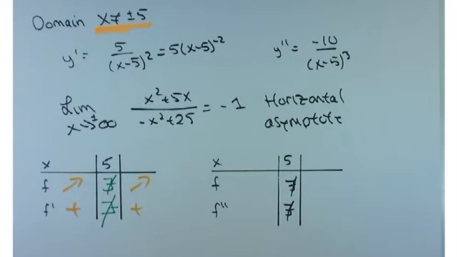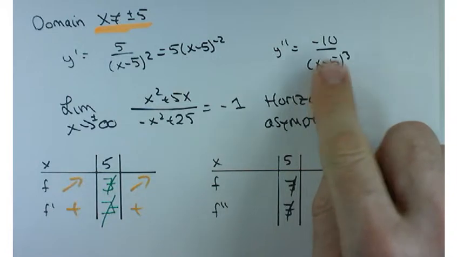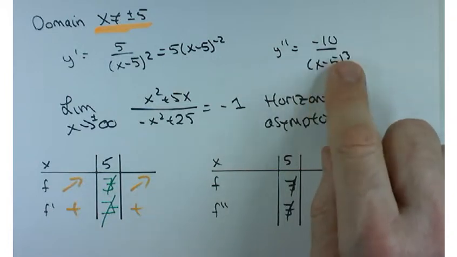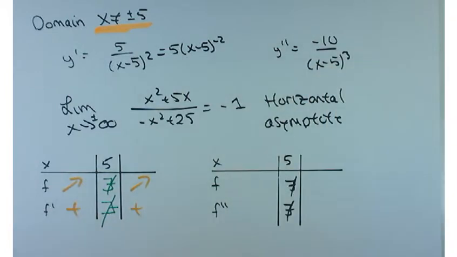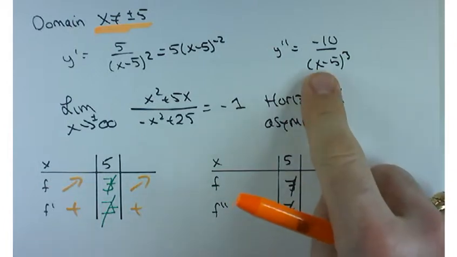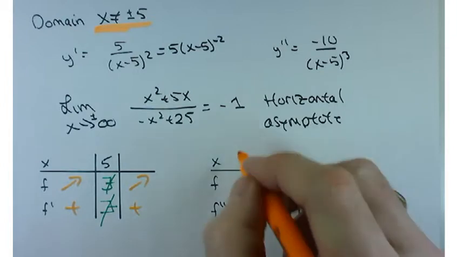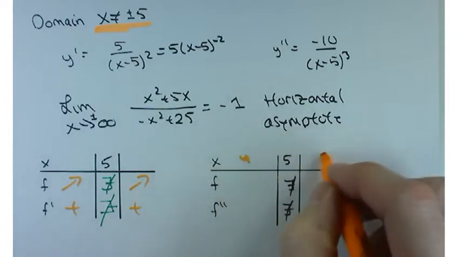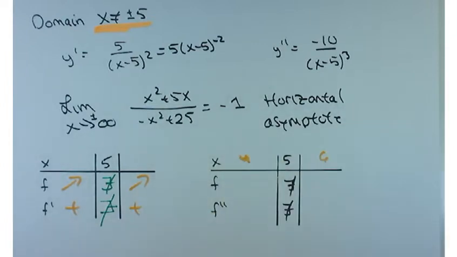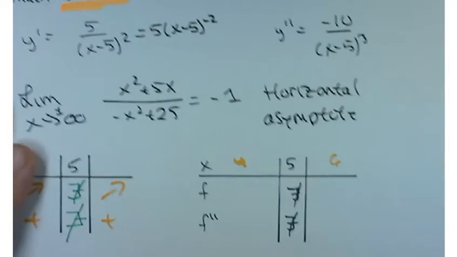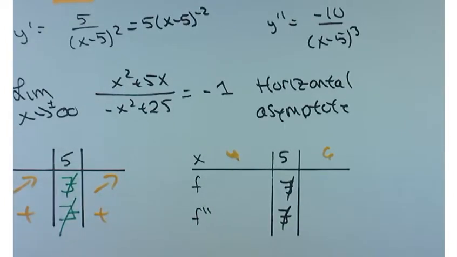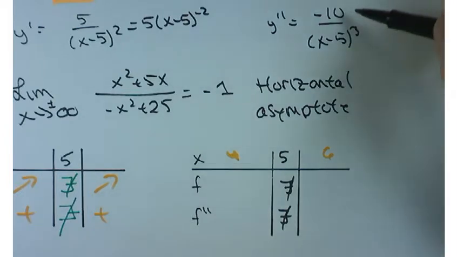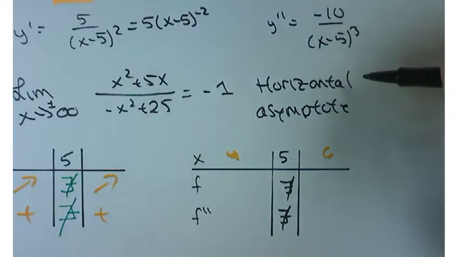So I have to take a look to the left of 5 and to the right of 5. So just pick some test points, 4 and 6. Sure, we'll test 4 and 6. And we don't necessarily have to pull out the almighty graphing calculator to test these points. The numerator is negative. We just need to determine the sign of the denominator.